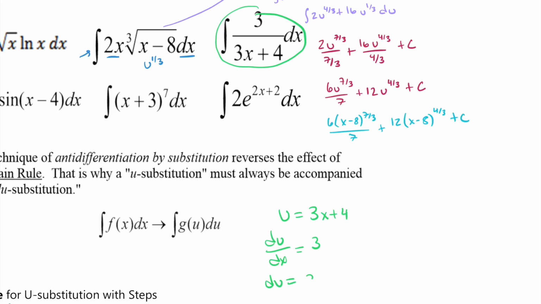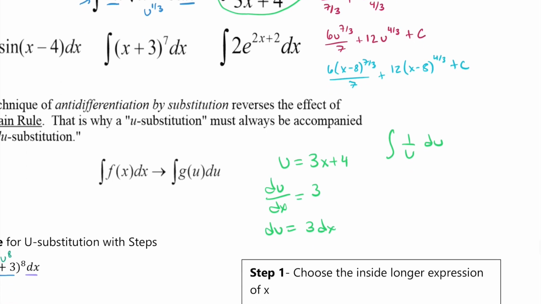So du equals 3 dx. Well, that's great. This integral now becomes 3 dx, which is du, over u. Or let me just say it's 1 over u du, if that's a little easier to see. It doesn't matter, I could have left it as du over u.